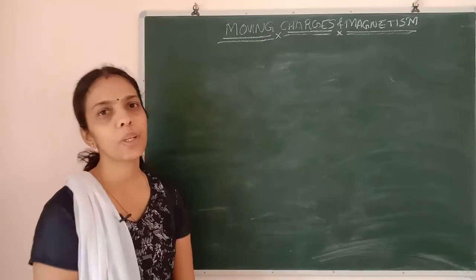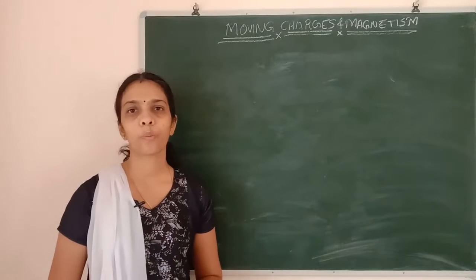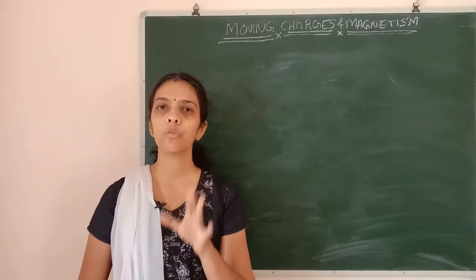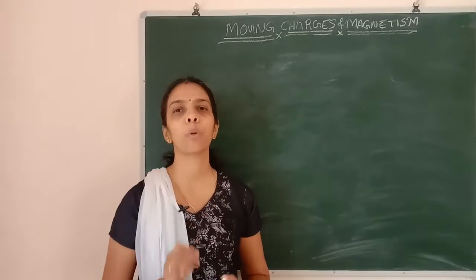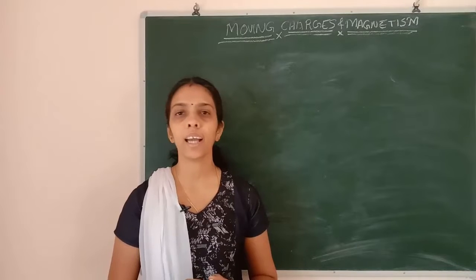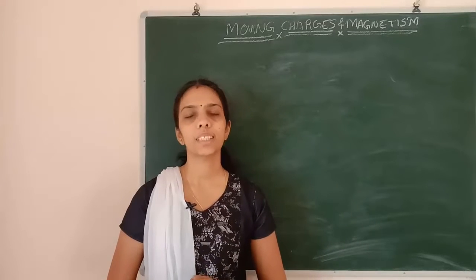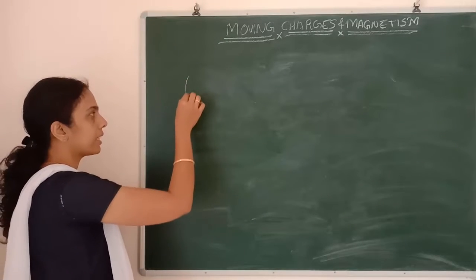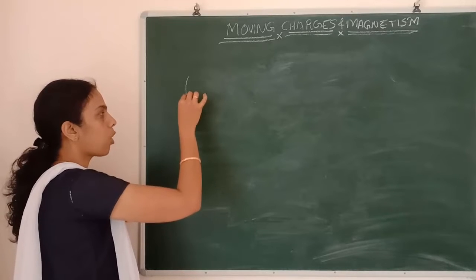In the last video we talked about the Biot-Savart law. It is used to find the magnetic field at a particular point due to a current element. Current is passing through a conductor of length L, and I am considering a small portion dl.